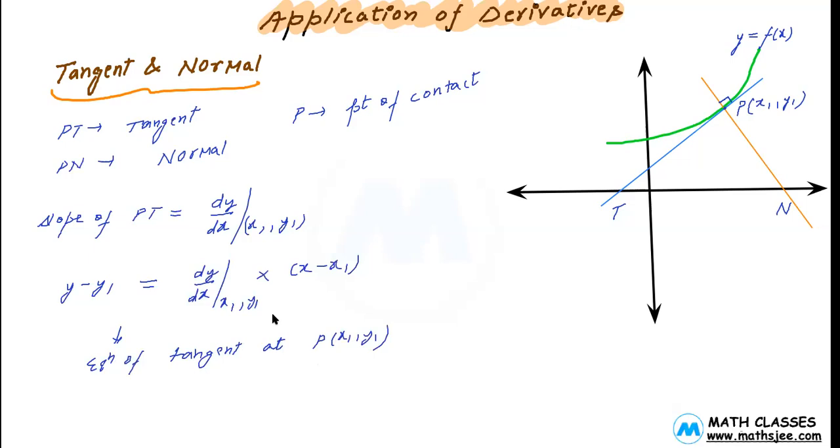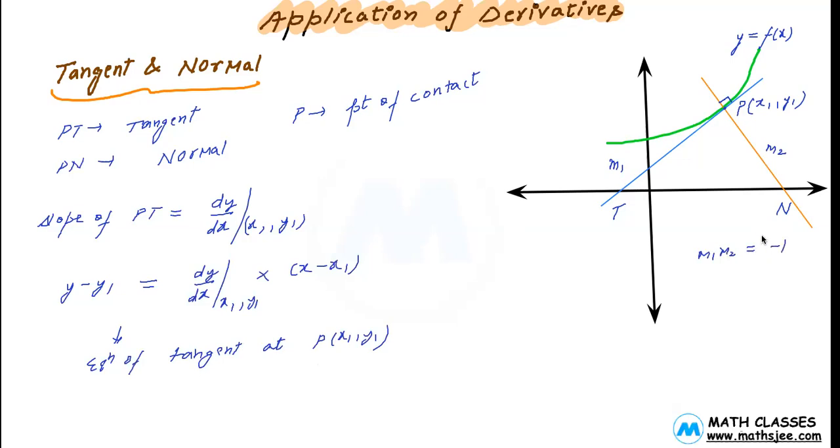To find the equation of normal, this is again a simple thing. If the slope of the tangent is m1 and the slope of the normal is m2, since both of them are perpendicular, m1 times m2 equals -1.